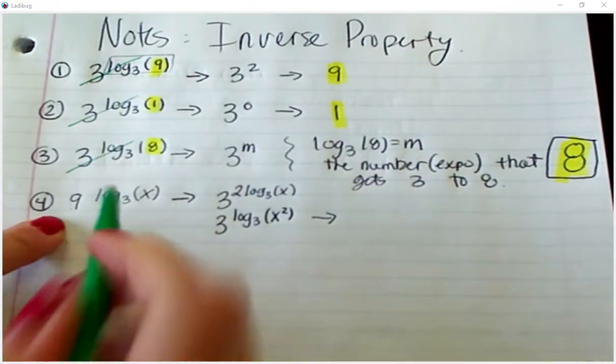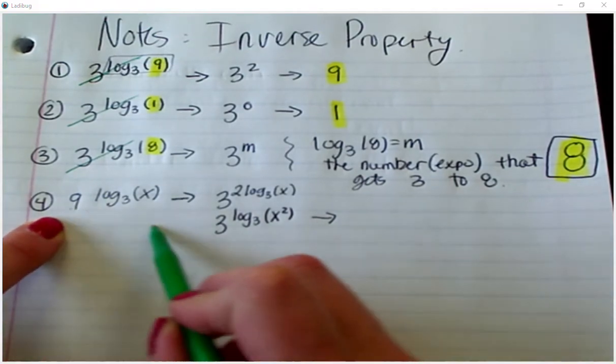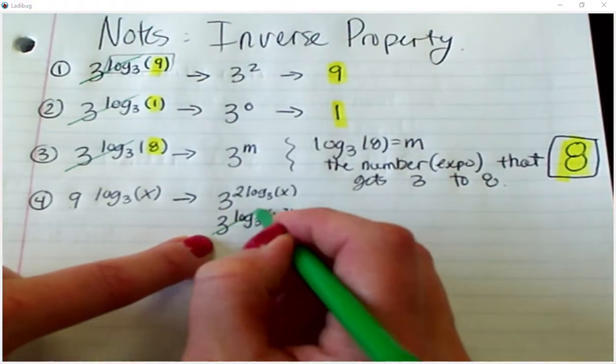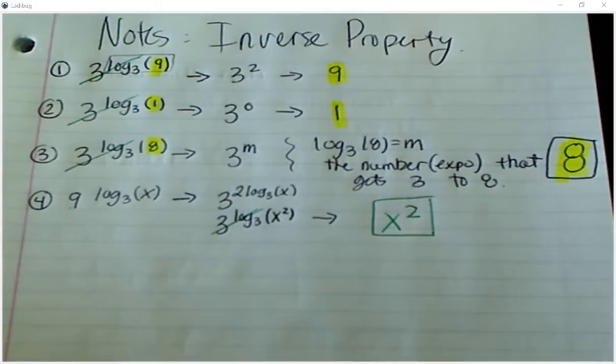So you get to number 4, and you're like, the bases don't match. I can't cross them off. But if you do a little bit of property rewriting, they match, and you get x squared. Okay, it's an inverse property. They undo each other.